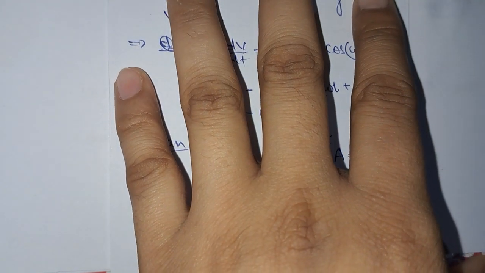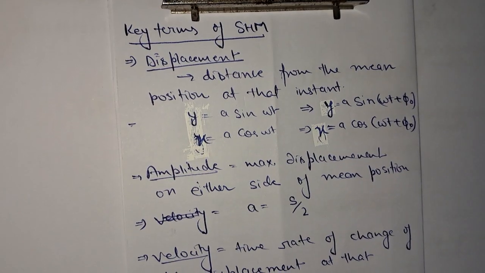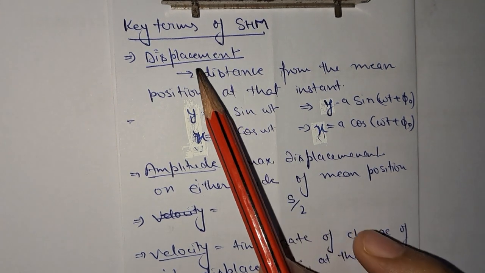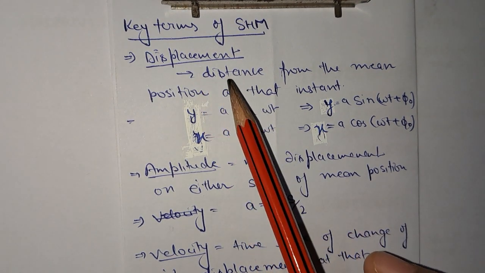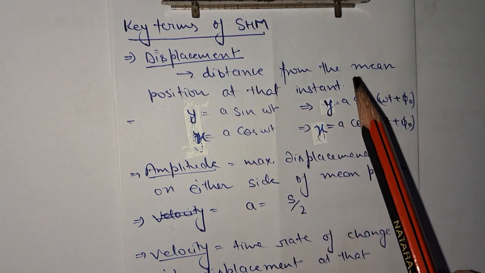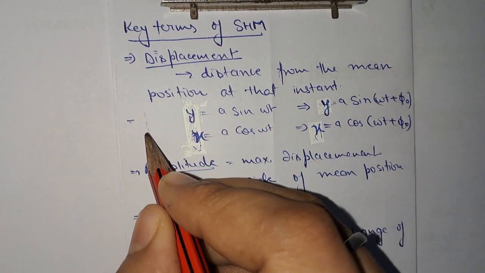Now let us move on to other topics, that is the key terms of SHM. What are the key terms of SHM? Displacement is nothing but the distance from the mean position at that instant.